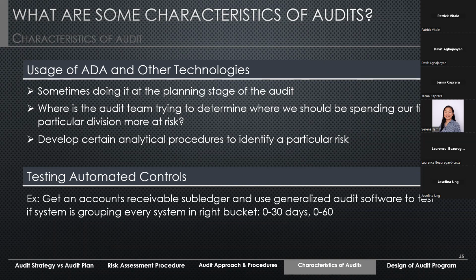And then what we also have is testing automated controls. We're trying to see if the system itself, let's say they have invoices, are they actually putting the invoice of 92 days in the right bucket, or are they putting it in the 0 to 60 days. So these are tests that you could be doing with the automated controls.